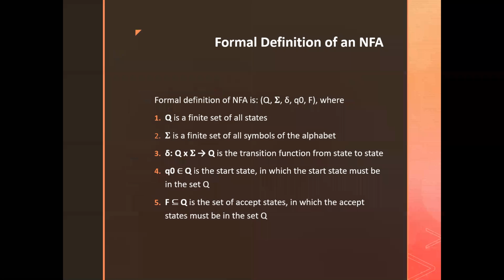Then this is the formal definition of NFA, which is again similar to DFA. Again, it has five tuples: Q, input symbols, state transition function, Q0, and capital F. The meaning of all these symbols is the same as in finite automata or DFA.